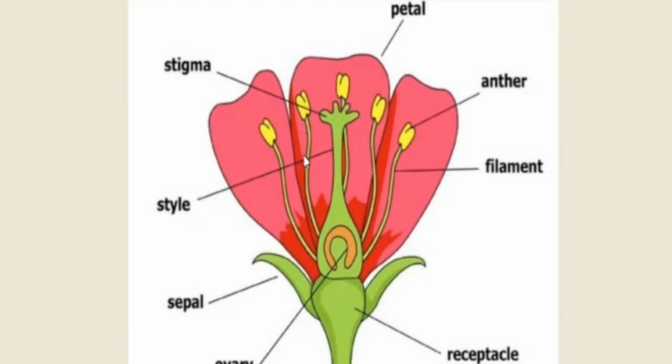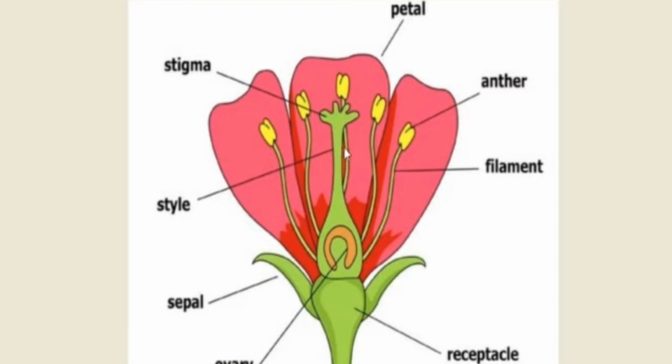Androecium is the male reproductive part, and it consists of stamens. Each stamen has a long slender filament with a bilobed anther at its tip, joined by a connective. Anthers produce pollen grains for pollination.